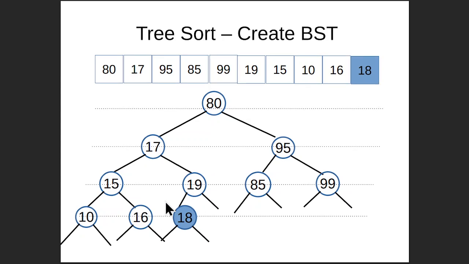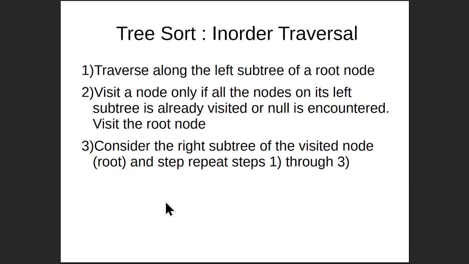Now that we have completed building our binary search tree, which is step 1, the next step is to do in-order traversal. In in-order traversal, we start from the root node and traverse the left subtree of the root node until we encounter a null.